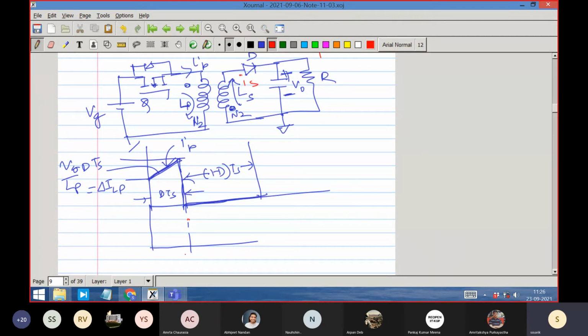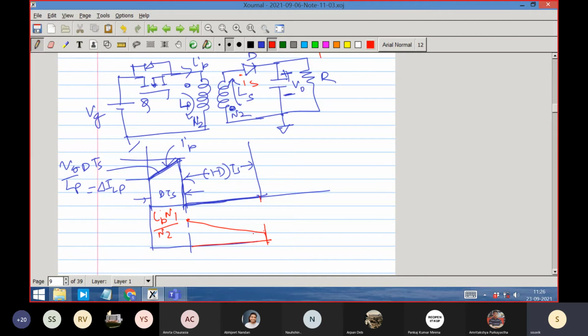So how much will the current be? Again, I will apply the turns ratio formula: N1 I1 is equal to N2 I2. So I2 will be IP into N1 by N2. That will be the peak value. MMF balance will be happening. So this has come, and then it will fall this way.